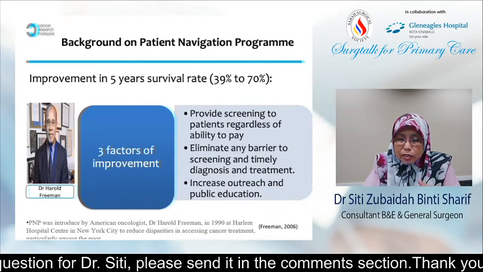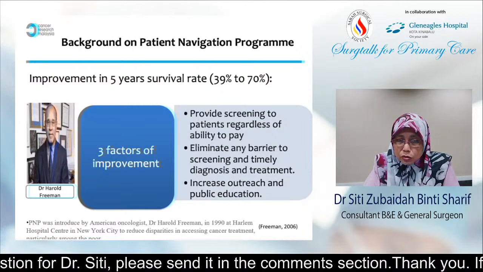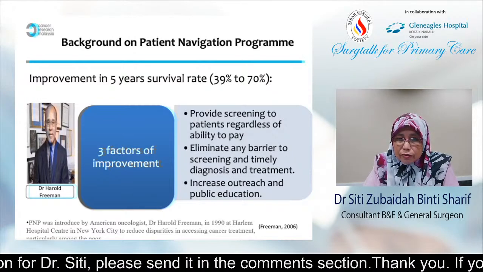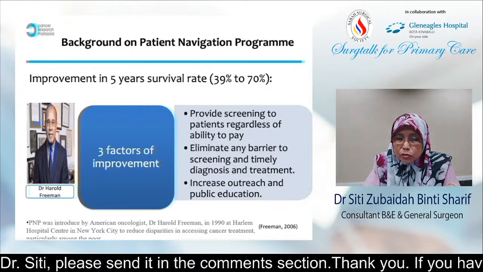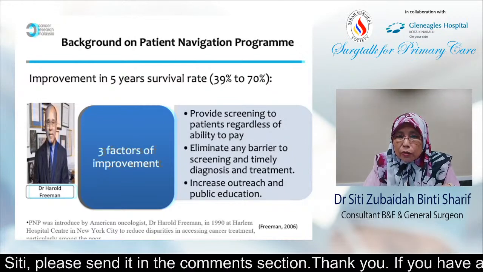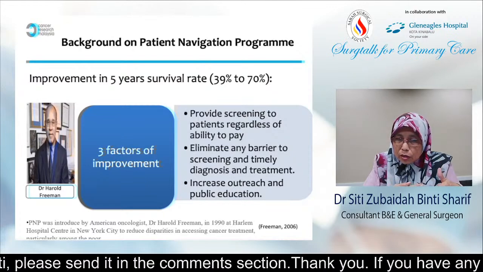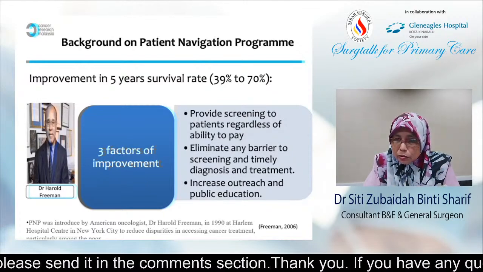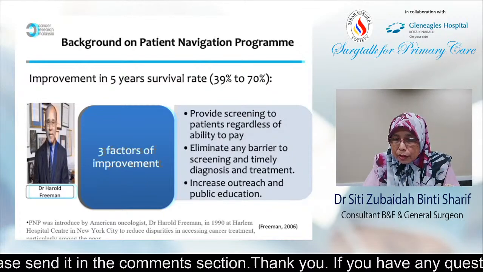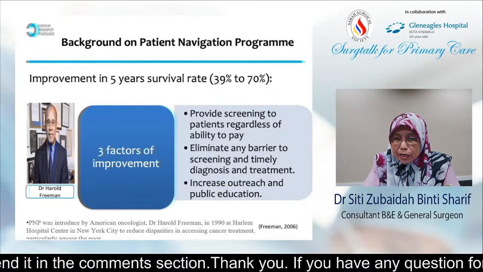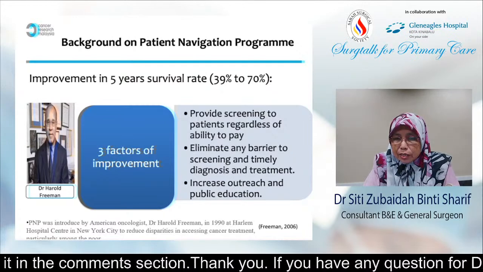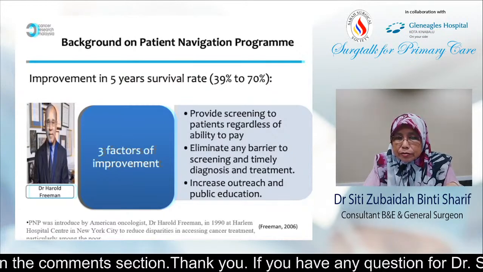There are 3 factors that we have to look into to improve the 5-year survival rate. The first is to provide screening to patients regardless of their ability to pay for the screening mammogram. Second is to eliminate any barrier to screening and timely diagnosis and treatment.